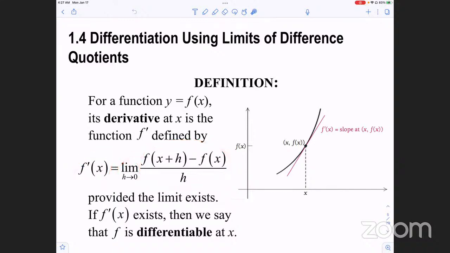So again, long story short, the derivative is the slope of a tangent line function. So f prime is the limit as h tends to 0 of the difference quotient, provided the limit exists. If f prime exists, then we say that f is differentiable at x.